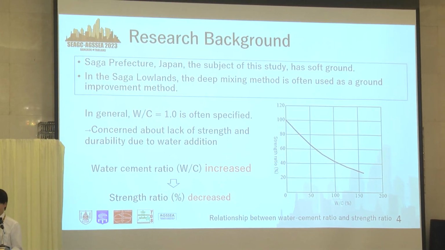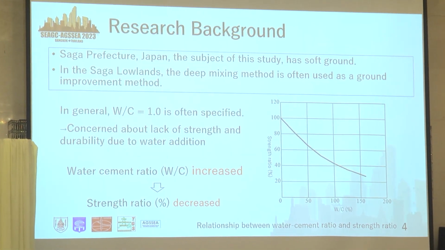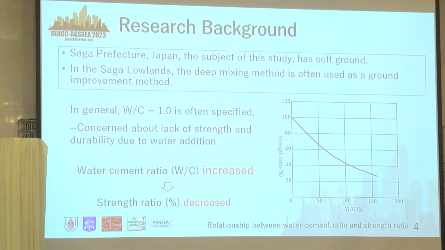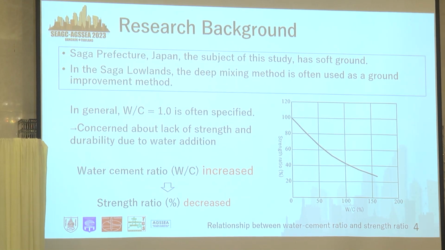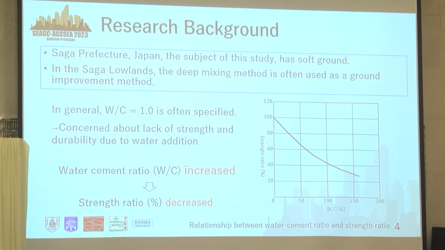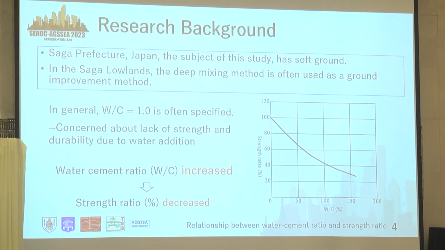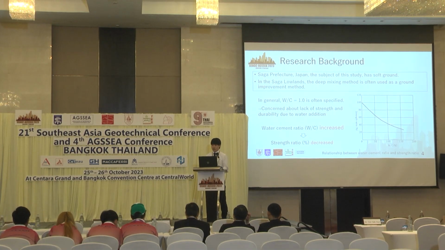When applying this construction method, W/C is generally set to 1.0. This is because there are concerns about lack of strength and durability due to water addition when improving soft ground. The figure shows the relationship between water cement ratio and unconfined compressive strength decreases.